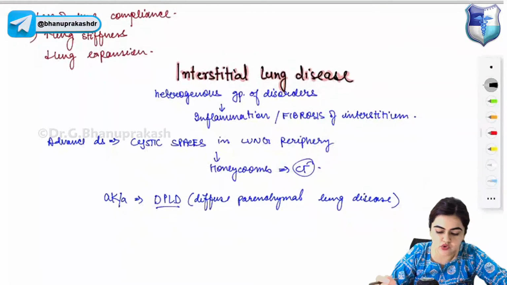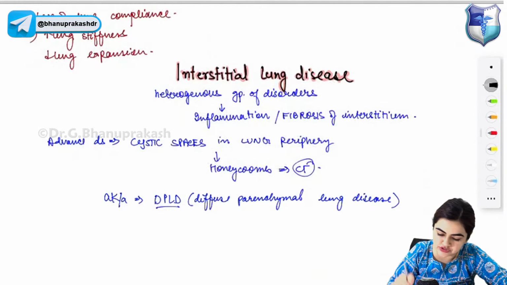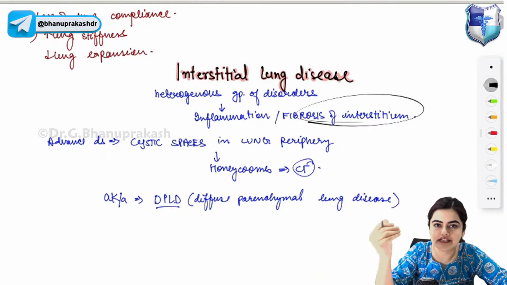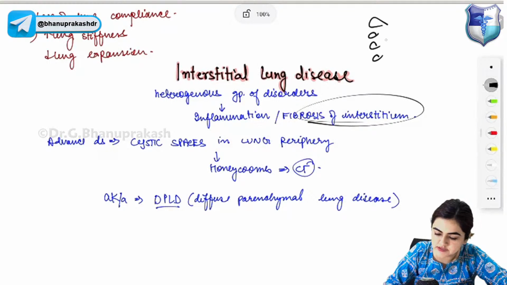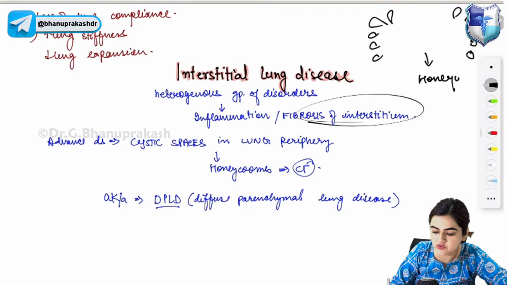Okay. Now coming to interstitial lung disease. What is interstitial lung disease? Interstitial lung diseases are a group of disorders characterized by inflammation and fibrosis of the interstitium. In advanced interstitial lung disease, cystic spaces will develop in the periphery of the lung, giving a characteristic honeycomb appearance on CT.